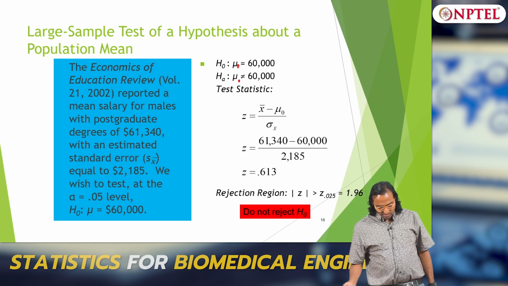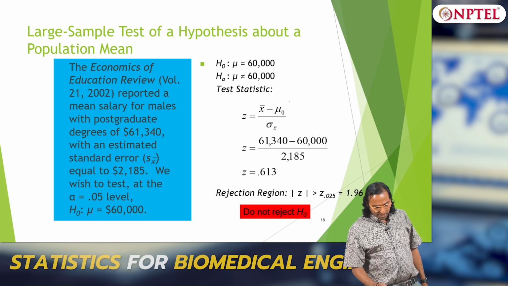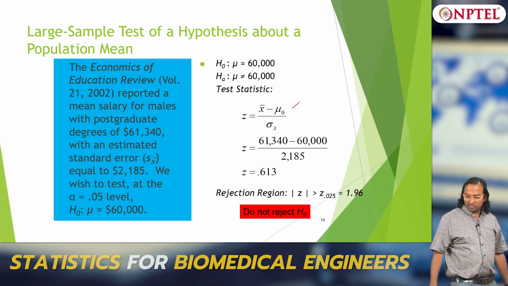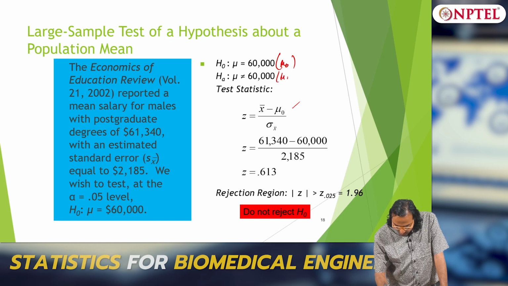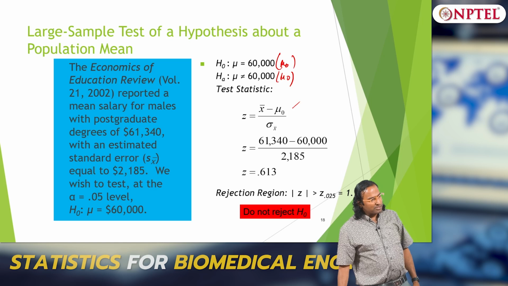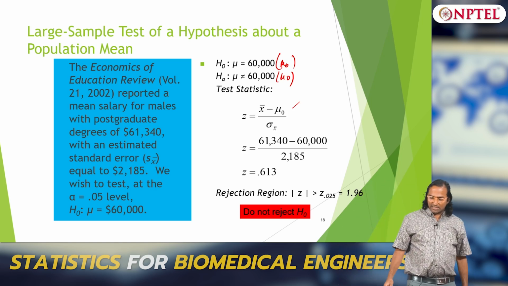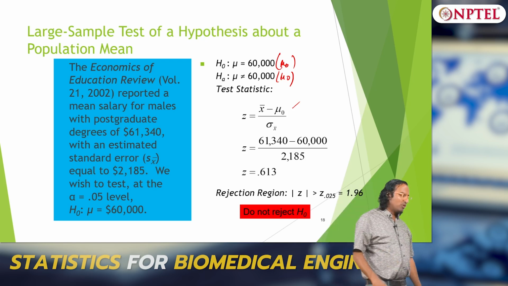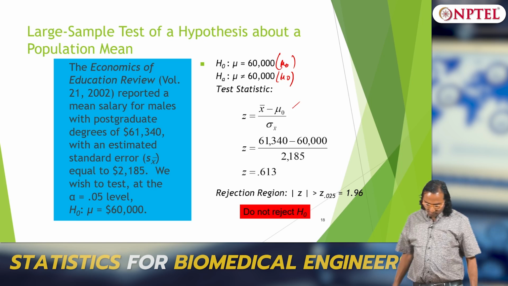X bar minus mu naught divided by sigma x bar, where 60,000 is my mu naught, and you directly compute x bar minus mu by sigma over root n. z is 0.613, the rejection region is z greater than z 0.025 on both the sides. So you are not going to reject the null hypothesis.